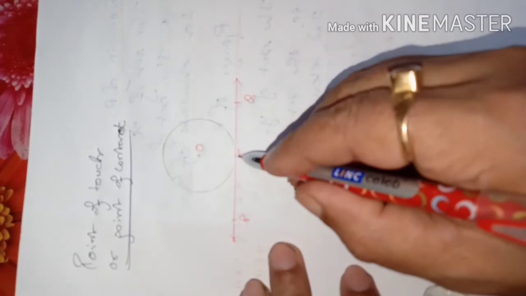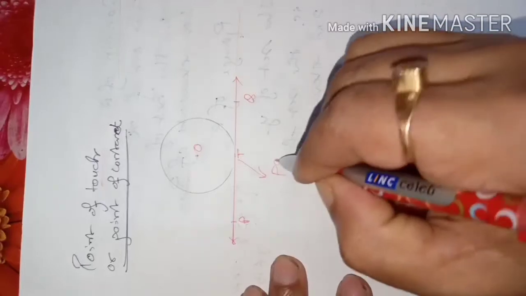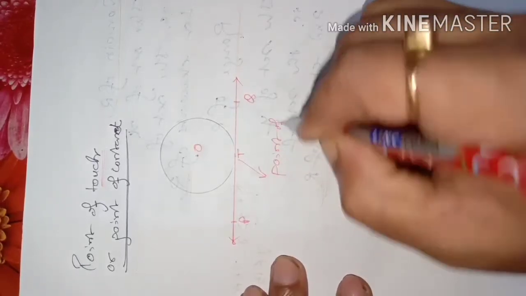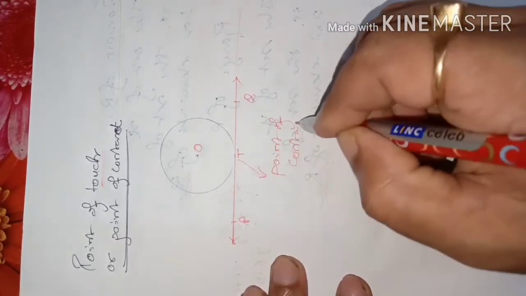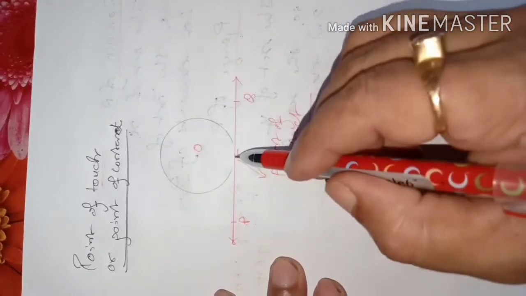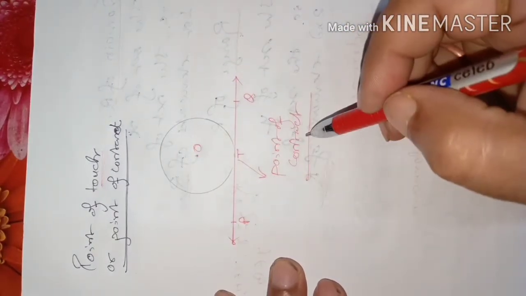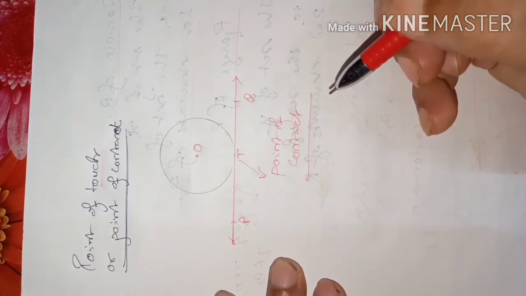Then this point T is called the point of touch or point of contact. So when a tangent touches a circle at a point, the point where it touches the circle is called the point of contact, or also the point of touch, we can say.